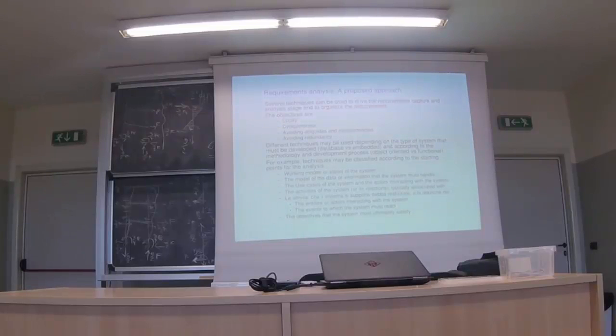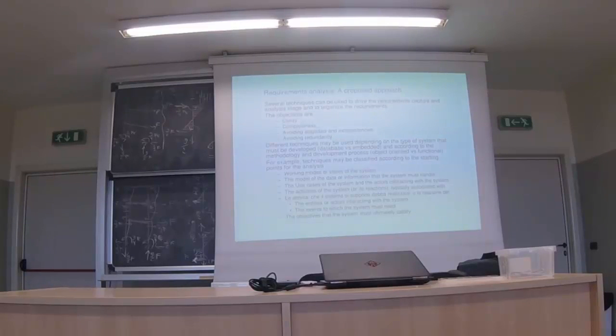These kinds of techniques can be classified according to the different starting point of the analysis, because we can start working on the model of the states of our finite state machine, the model of the data, so we know everything about the data that we have to handle, so we somehow build from that.